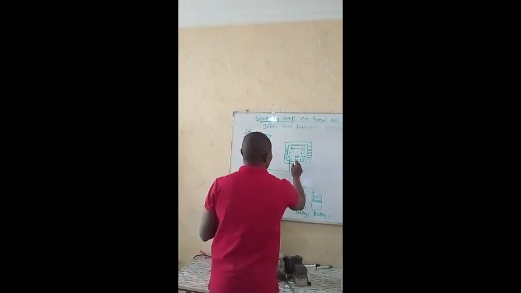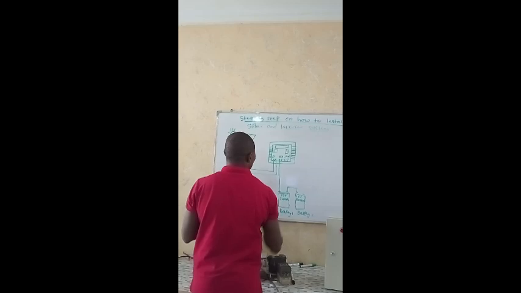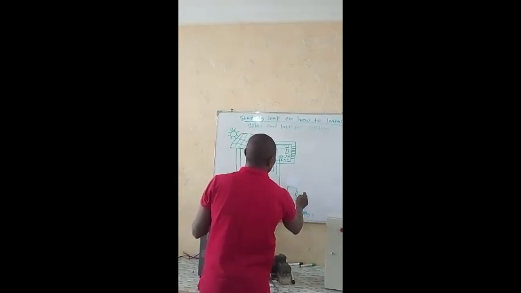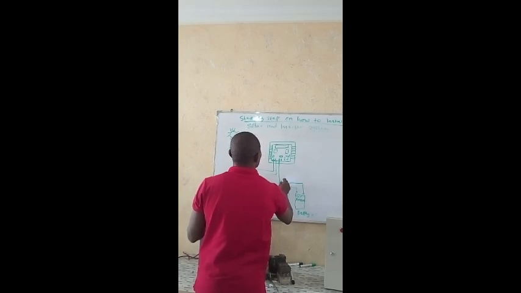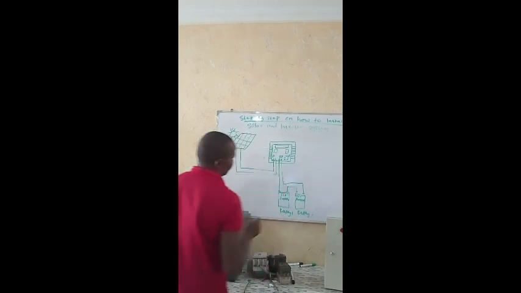Then, from the charge controller, this is the positive terminal. From the charge controller, it comes straight to the battery. And this is the negative terminal. From the charge controller, it goes straight to the battery.